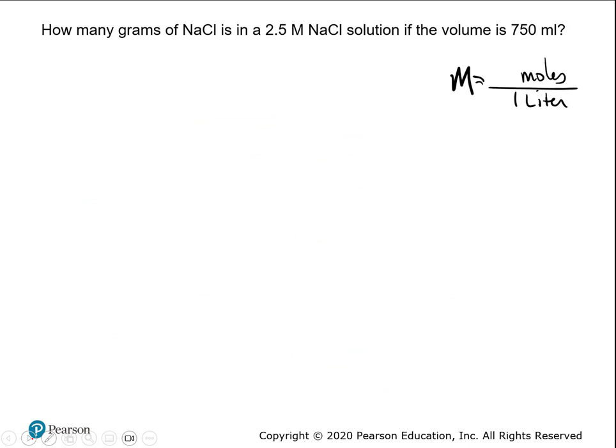So how many grams of sodium chloride is in a 2.5 molar solution if the volume is 750 mils? So set this one up. And there's your reminder. Molar is always going to be whatever the number is, moles divided by 1 liter.